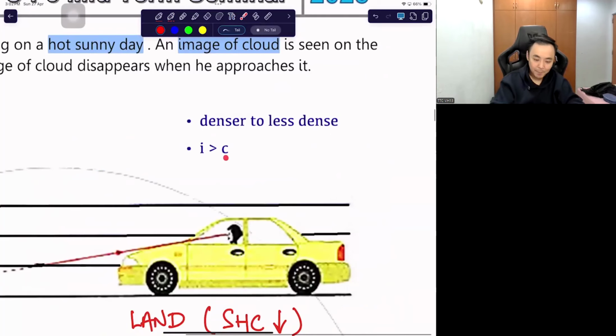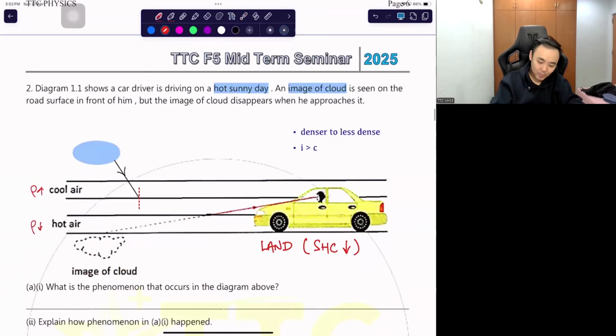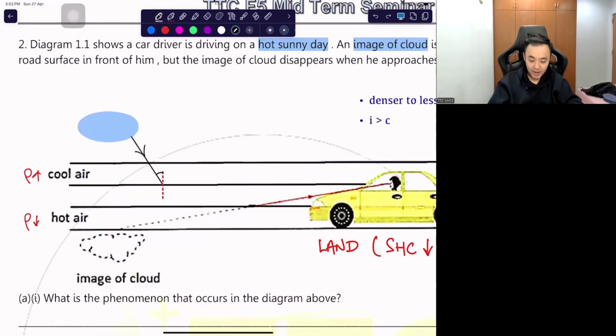At first, you can see the angle is smaller. This is the angle we're referring to. So here, not yet, your angle is not big enough. But then the problem is, when you go from cold to hot air, you bend away. Bend away means your light rays start doing this. See that? Bend away, right? Now you see what is happening here. Do you realize your angle is bigger now?